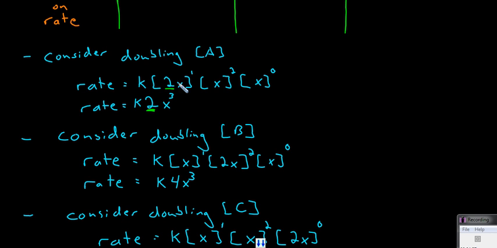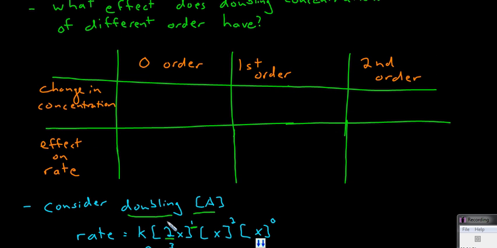You see that by doubling the concentration of a reactant, which is to the first power, you'll double the rate of the reaction. So doubling the concentration of a reactant, which is first order, will double the rate of a reaction.